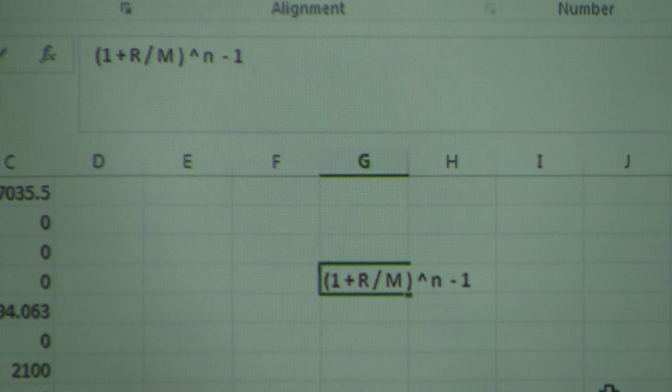The M is the number of times it compounds from the time period that I'm given to the compounding period. In this case, we said daily. Compounds daily. I could give you an APR, annual rate, daily compound. Question you ask yourself is, how many days are there in a year?